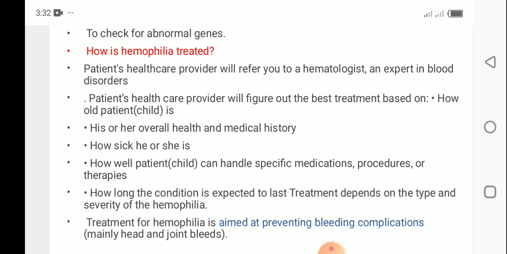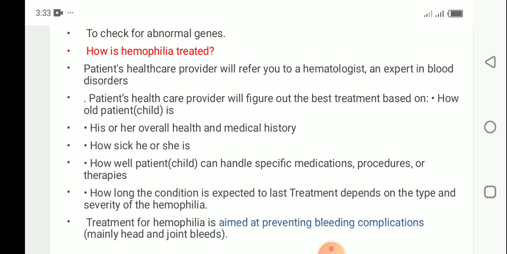Then the treatment depends on how old the patient is, what is the present health condition of the patient, whether he has any further medical diseases or any surgical problem, and how sick the patient is.